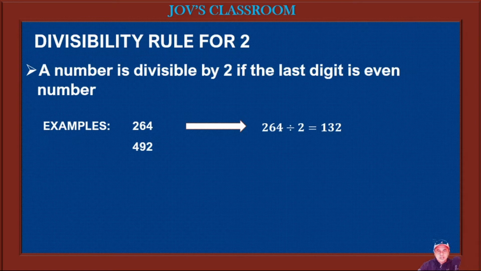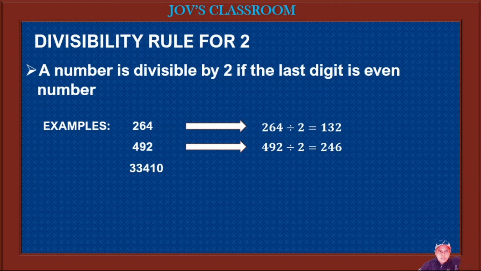Another one is 492. Just simply looking at the last digit, number 2, we can easily say that 492 is divisible by 2 because 2 is an even number. And if the number is divided by 2, we can arrive at a whole number.